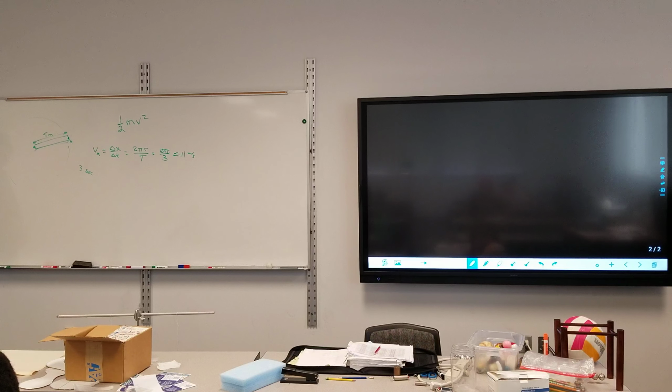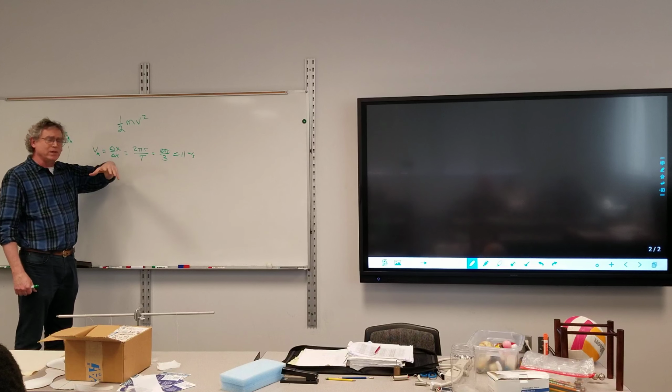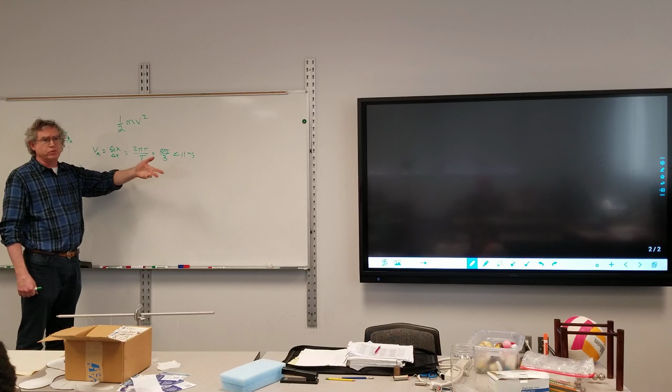As a quick and dirty approximation, sure. Well, what's wrong with using that as the actual value, not quick and dirty? We are already assuming it makes a full rotation, right? Yes. The first question was, as a quick and dirty approximation, what would you use for the speed?